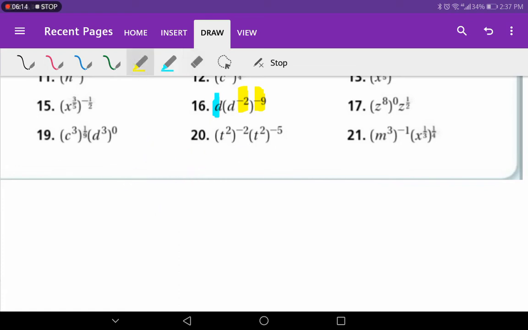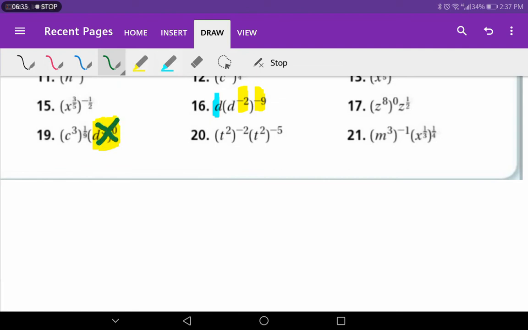Now regarding number 19, my dear student. If you have a power 0, multiplied by 3, so d with power 0 equals 1. So you can ignore this altogether. It does not exist.